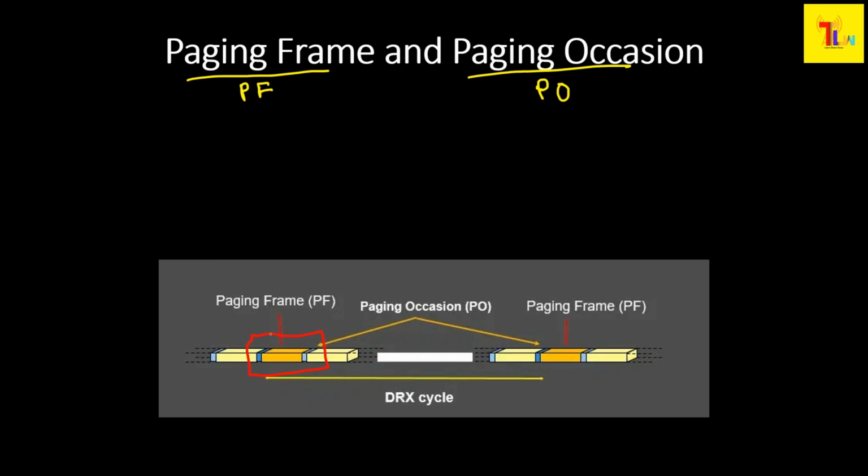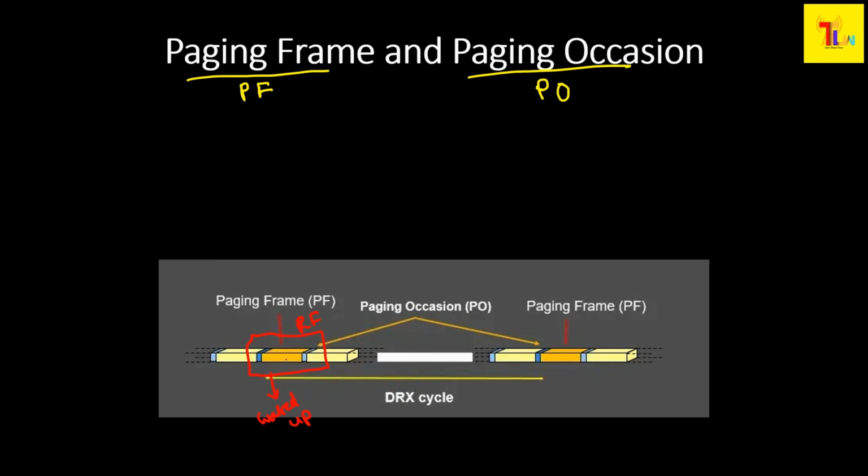This is one of the radio frames where the UE is waking up. It's very simple: the paging frame is that frame, among all the frames, where the UE wakes up. In this particular radio frame, the UE is trying to read any of the data. This is what we call a paging frame.